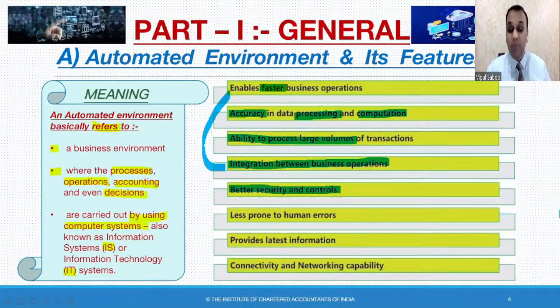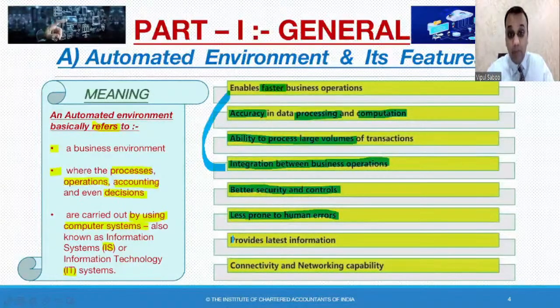So automated controls offer better security and are less prone to human errors. Machines work on algorithms. The algorithm is fed by the human. And if a human is working, he or she is bound to make errors. But machines are less prone to human errors, and the errors are only those where there are bugs in the algorithms.